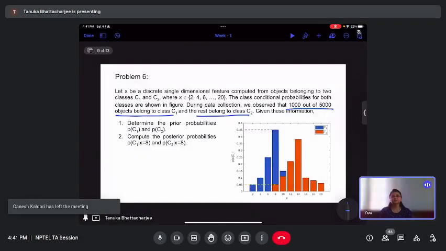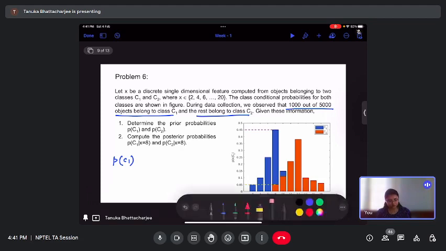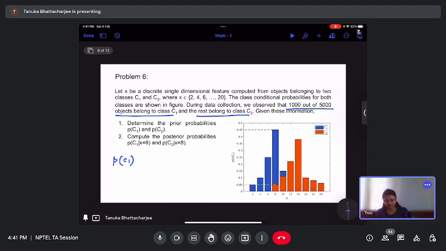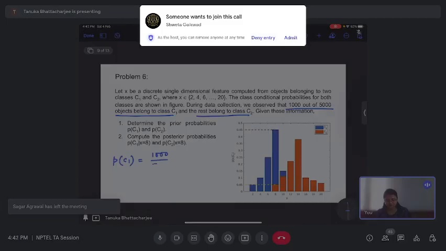Prior probability means just the probability of occurrence of class C1 and class C2. So, when the data was collected, it was observed that 1000 out of 5000 belong to class C1. If you want to compute the probability of class C1, that is just 1000 by 5000, which will be 0.2.